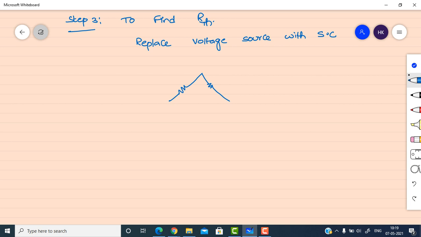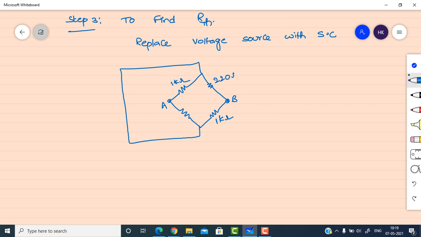And we have to find out the equivalent resistance between the open circuit terminals, that is between A and B. In place of the voltage source, I make it as short circuit. This is 1 kilo ohm, this is 1 kilo ohm, this is 220, and this is 470 ohm.